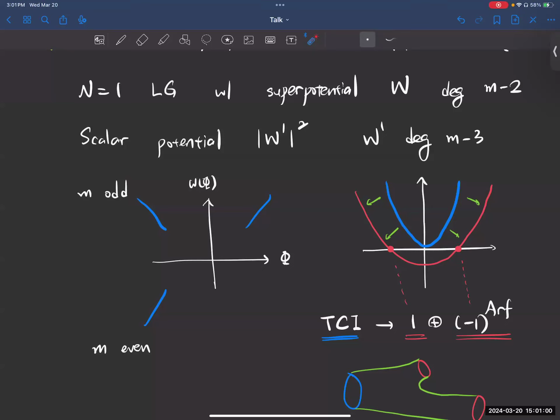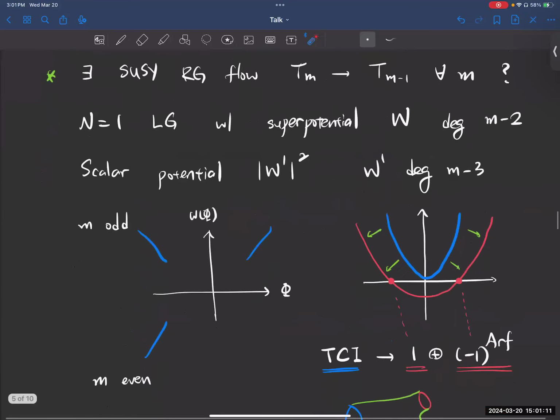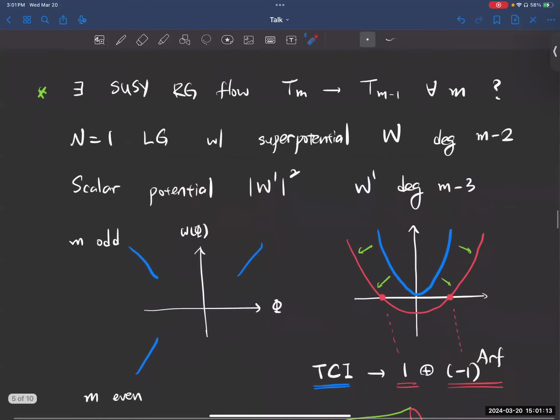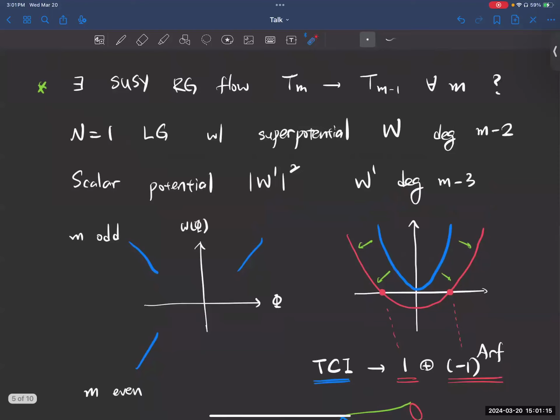We're sort of allowed to choose this superpotential if we're allowed to deform the theory in some continuous way. Basically, the Witten index is computed by looking at the intersections with 0. The Witten index only counts ground states, and therefore we only care about points where this W prime is 0.